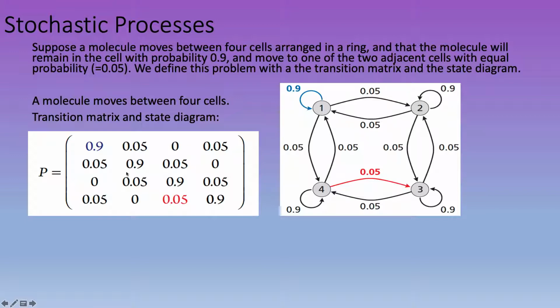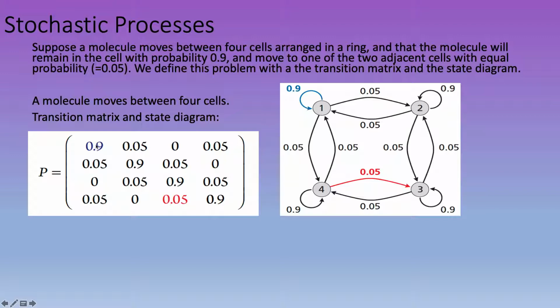But mathematically, we might present it as a matrix. Like in linear algebra, in the same way we would define I and J, as we've done previously in this class, I refers to the rows and J refers to the columns.